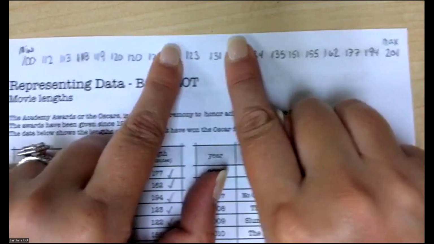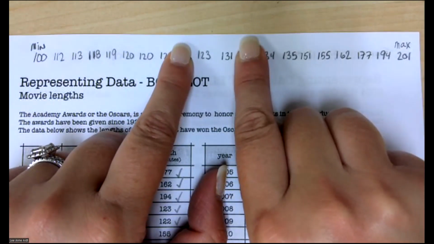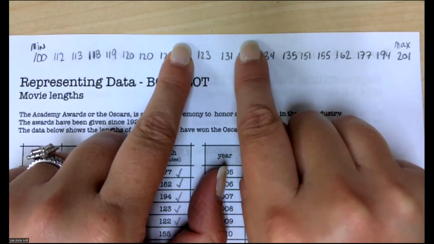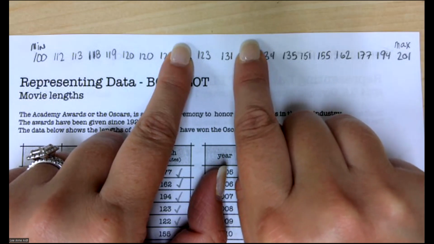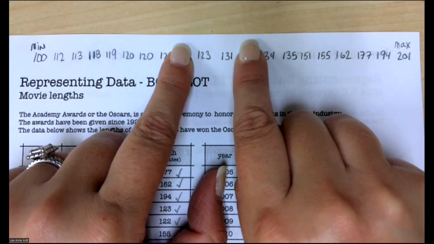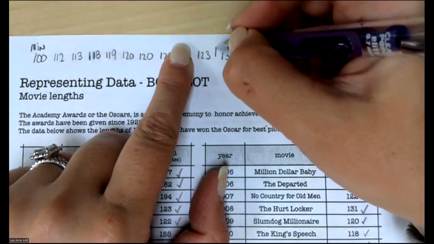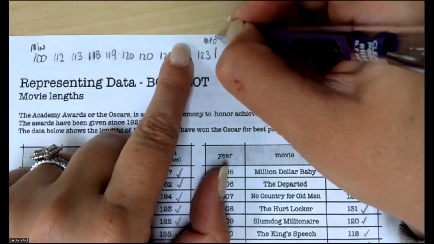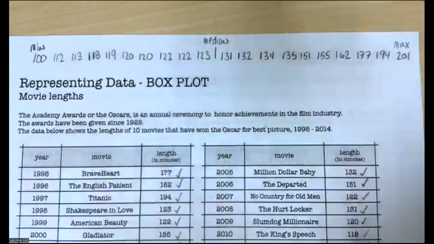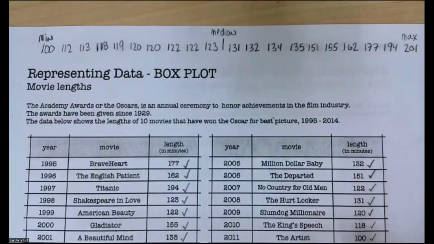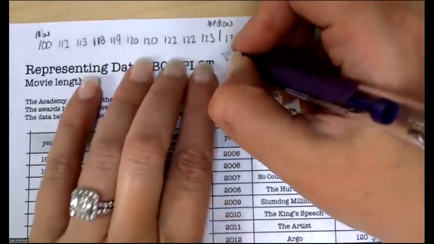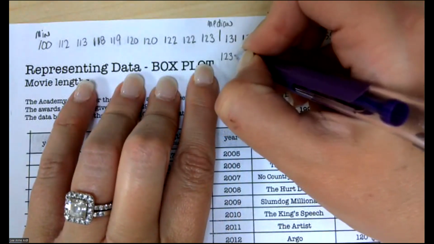Okay, and then I notice when I count in that I have two numbers in the middle. So if there was just one number in the middle, that would be the median itself. But the median is located between these two. So how do we find the number between those two?